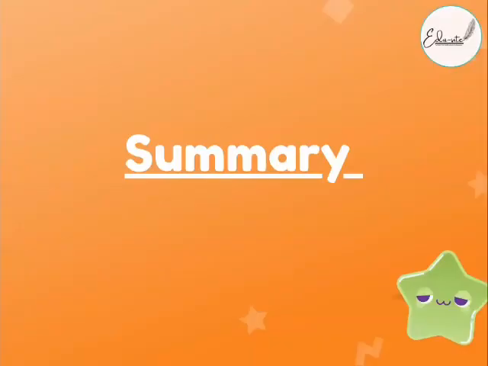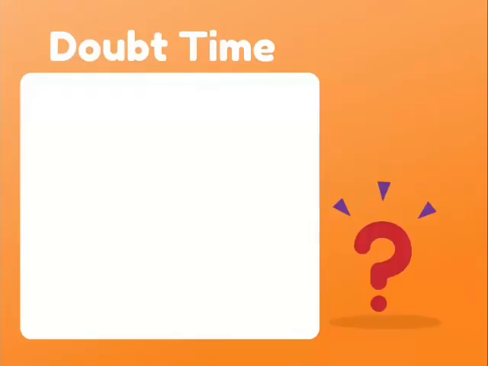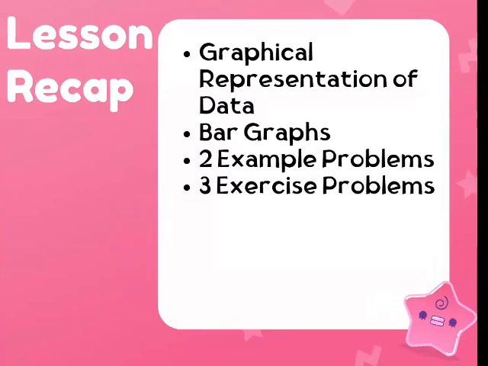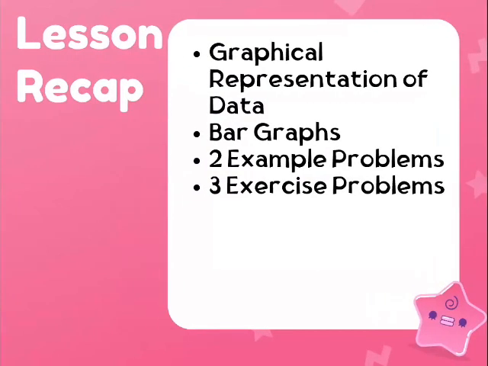So today, what have we completed? We have completed histogram perfectly. We have seen 3 example problems: 2 are for the uniform and 1 is for the non-uniform. We have also seen 2 exercise problems. One is for the class intervals, having the same class interval, the continuous class intervals and discontinuous class intervals.